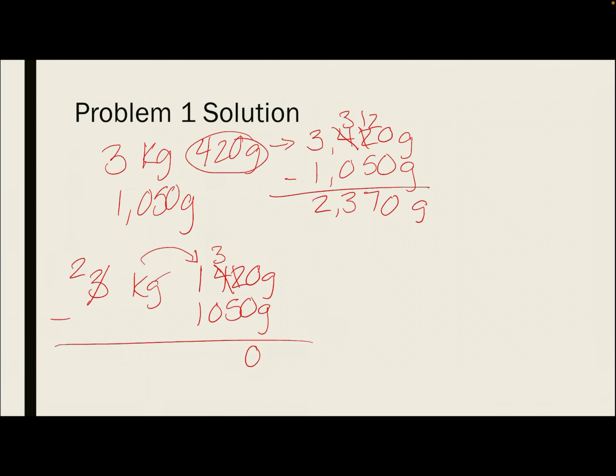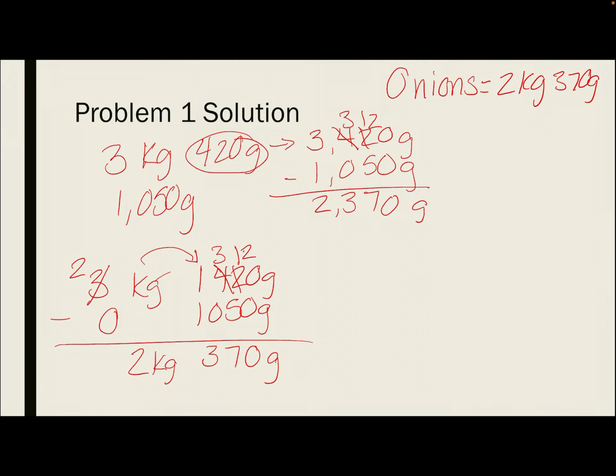We have to regroup. That's 7. That's 3. And then 2 minus what is essentially 0 is 2. So 2 kilograms, 370 grams. So we know that the onions equal 2 kilograms, 370 grams.